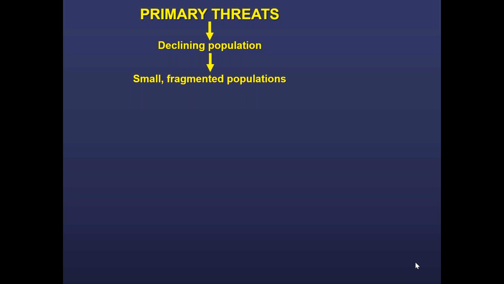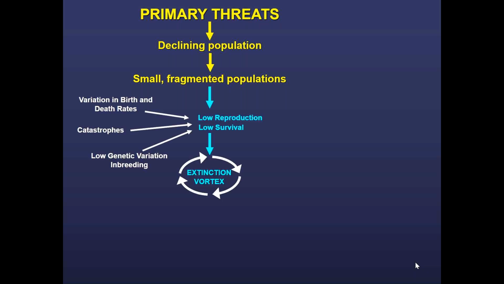Once that happens, a whole set of secondary threats start to increase, and these are often called stochastic threats. Just by chance, you may have a bunch of bad years, or a catastrophe might hit a population, or because it's small in size, inbreeding effects might start to build up. As those effects build up, the population undergoes lower survival, lower reproduction, and often will decrease in size further, exacerbating those effects and causing even more reductions in reproduction and survival.